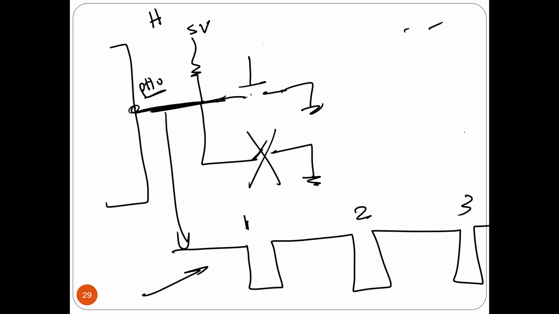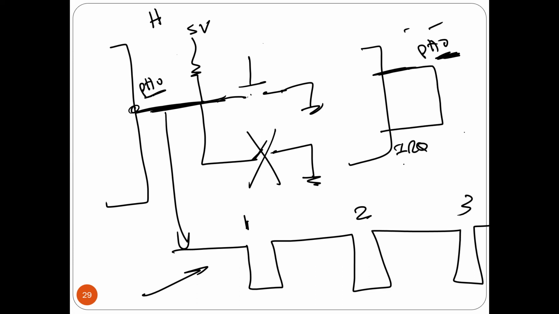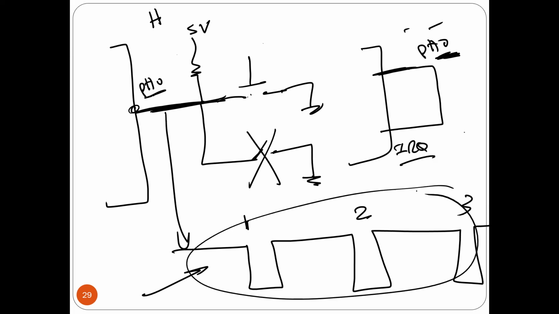Now, if I connect an external wire between PH0 and the IRQ, what's going to happen? This signal is generated here, and then this external wire connects it to IRQ. That is why every time there is a falling edge, I'm going to trigger an interrupt. You got it? Okay. And that's what we're going to do in the coming lab.